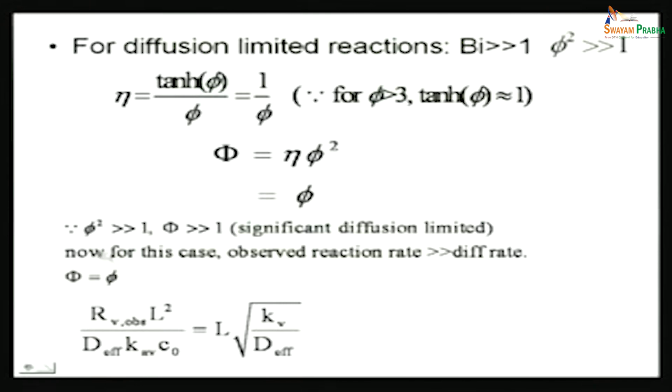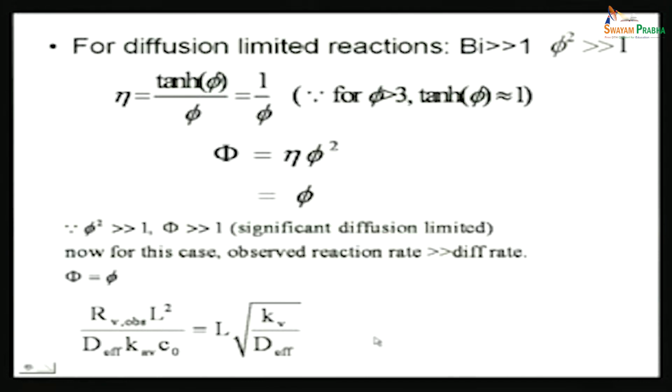So, on the left hand side, you substitute the observed Thiele modulus, on the right hand side you substitute the square root of the intrinsic Thiele modulus, and based on that, one of the L's cancels out over here. So, you get the observed reaction rate equals square root of kV over D effective, one D effective cancels out here, sorry. So, square root of kV times D effective times kV C naught over L.